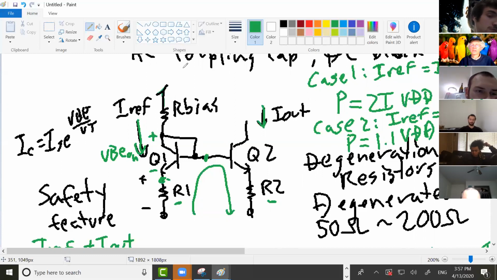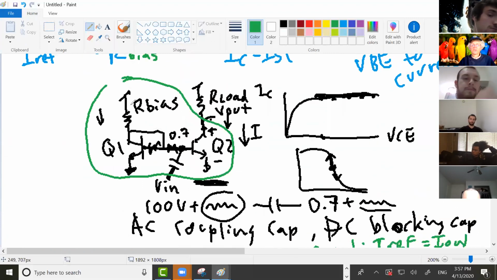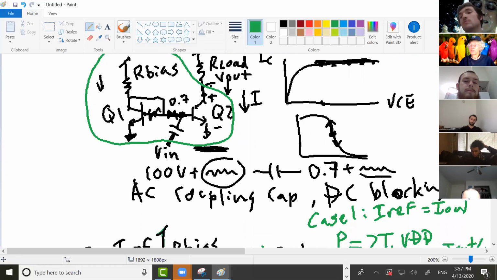If you keep R bias the same size as above and just add R1, your current's going to go down. You won't get the same current as your previous circuit. You want to keep the same current. So if, let's say up here, you found a great current, everything's working great, but then you say, oh, I just want to protect my amplifier, so I'm going to add degeneration resistors.